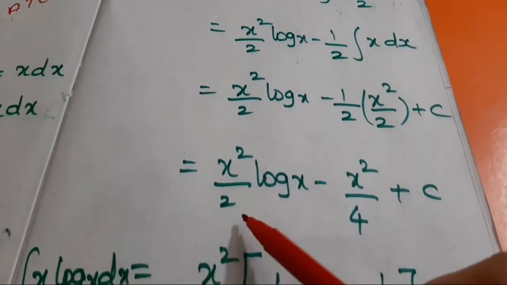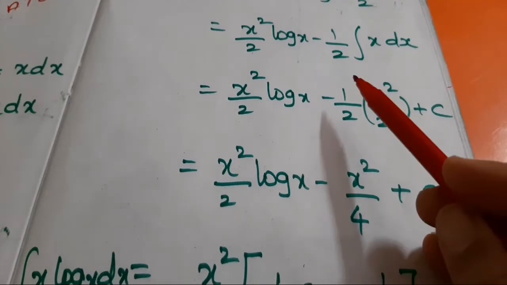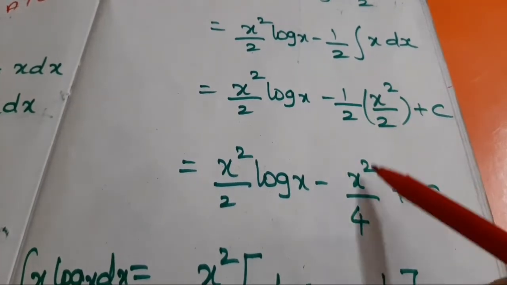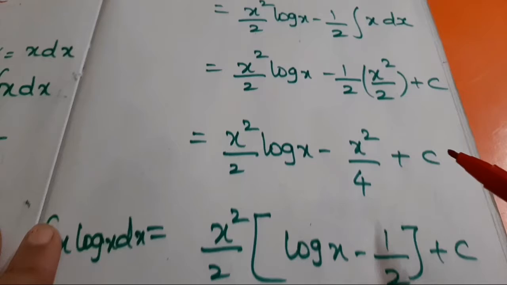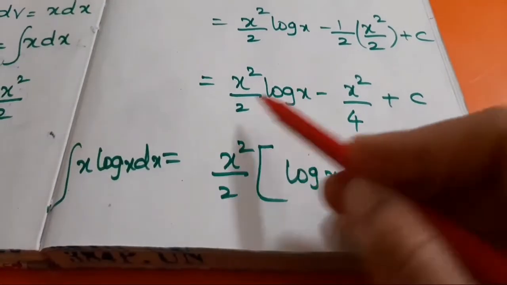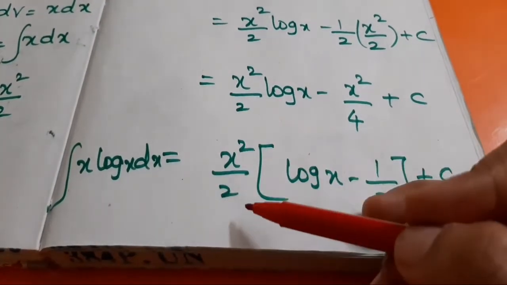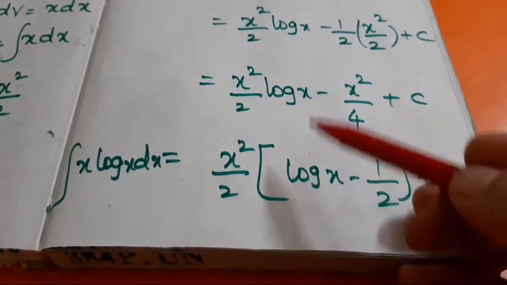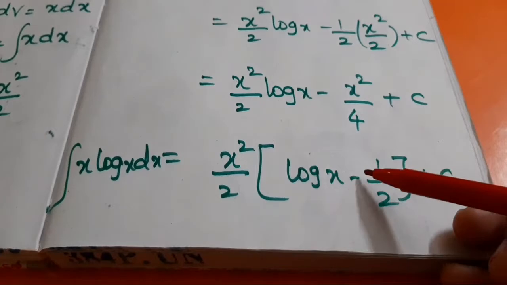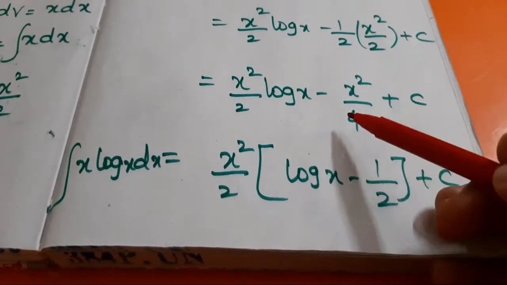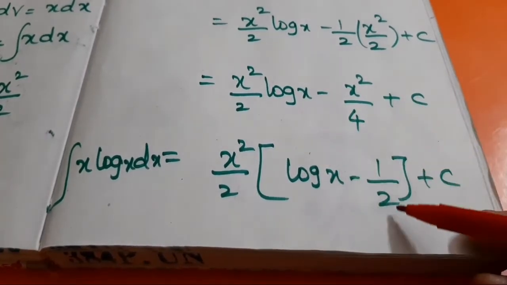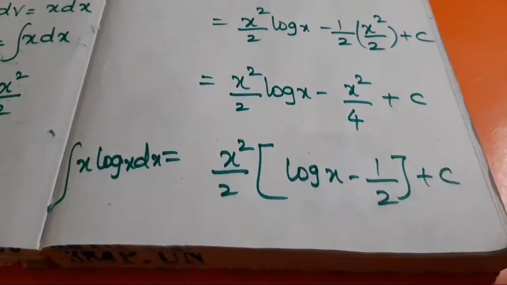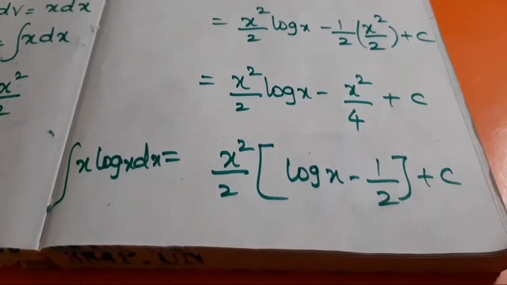Then, x square by 2 log x minus x square, 1 into x square is x square, 2 2s are 4, plus c. So, in this first term and second term, x square by 2 is a common thing. I can take it outside and you have log x minus, if you have x square by 2 outside, here you will get 1 by 2, plus c. So, this is our required answer.